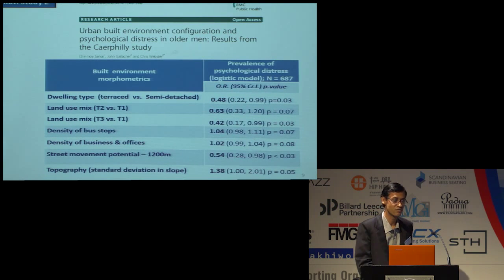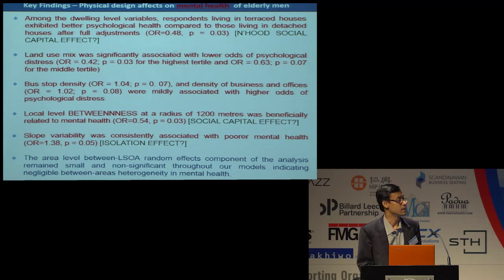The second study we did was to find the associations between urban built environment configuration and psychological distress in older adults of Caerphilly. Psychological distress was measured through a general health questionnaire, a 30-item questionnaire. We found that in reference to those living in detached households, living in terraced housing was beneficial to mental health.